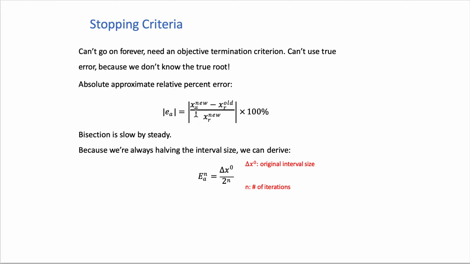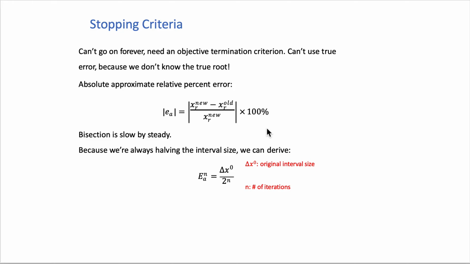One way to approximate this error, we can compute the approximate relative percentage error by having essentially the new root in the denominator, and in the numerator we have the new root minus the old root, right? And we multiply by 100 if we want a percentage.